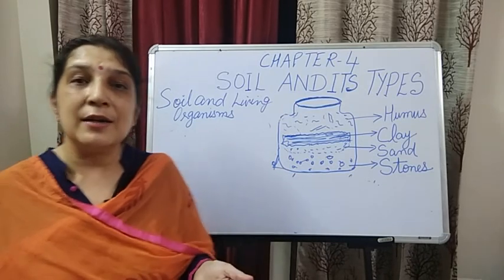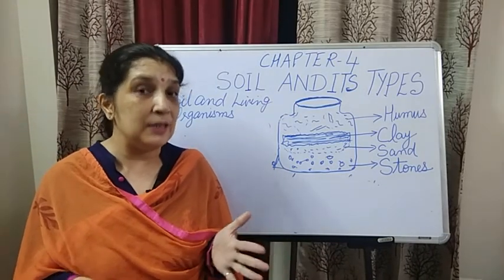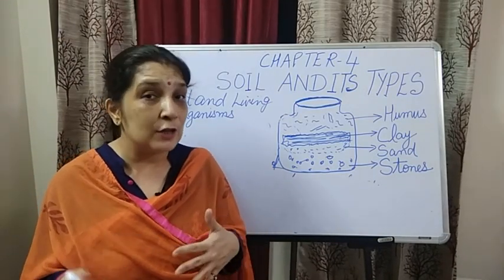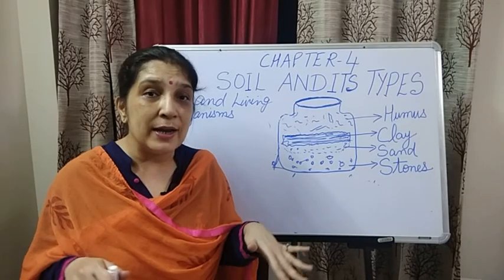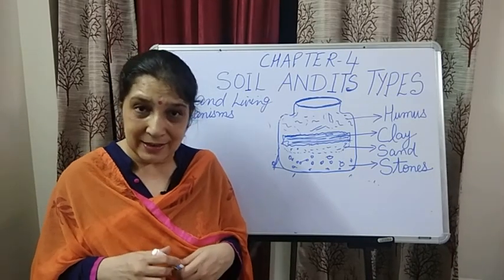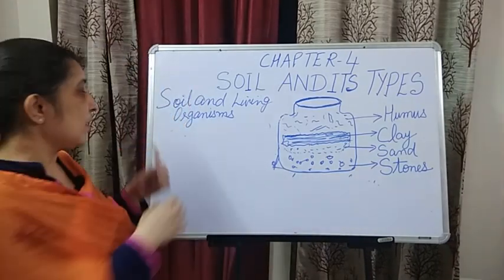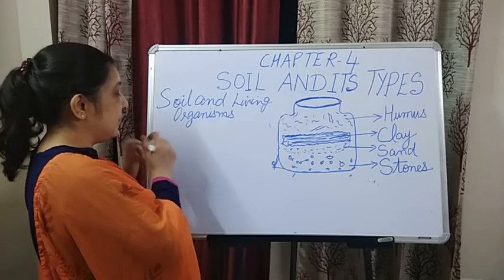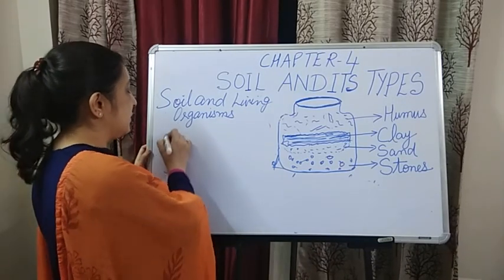So in a garden, if you see an earthworm, it means that the earthworm is making the soil fertile. Is it clear?